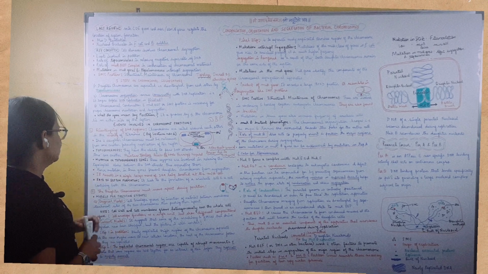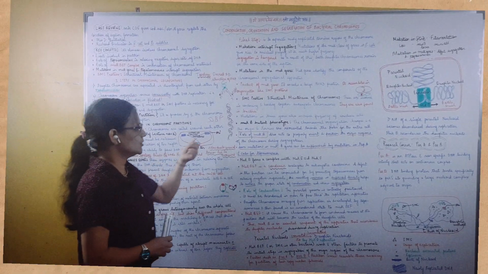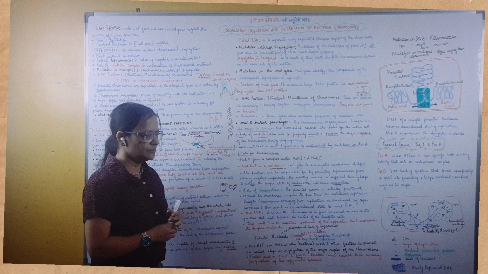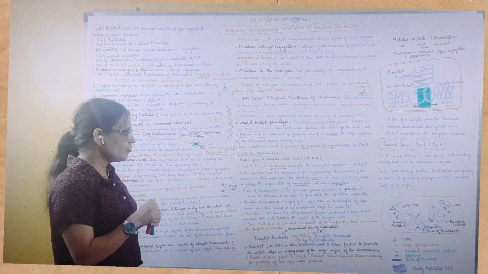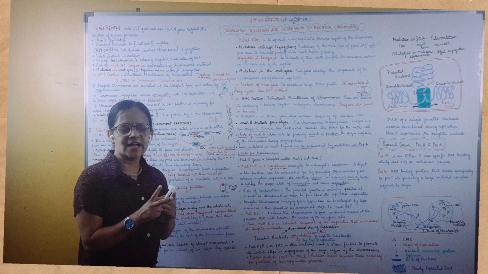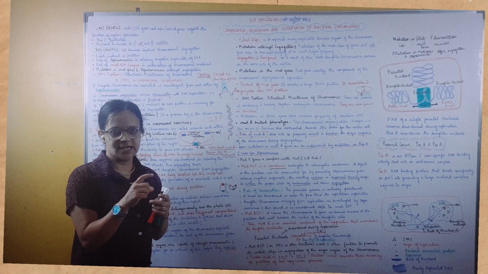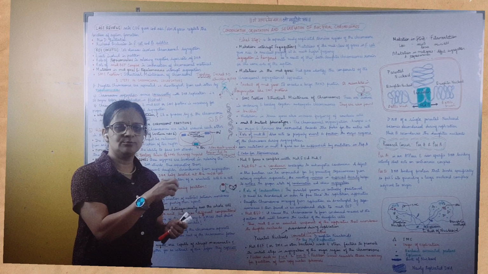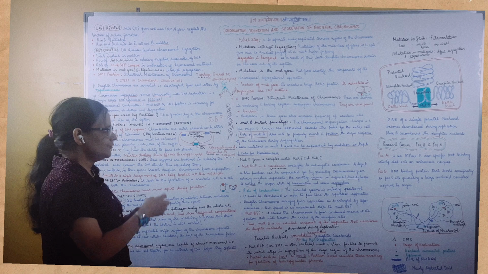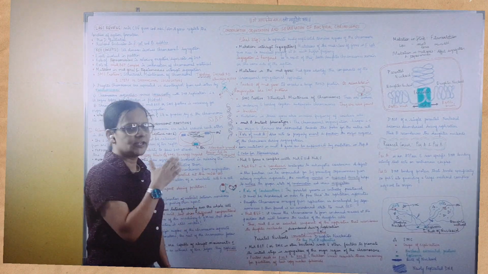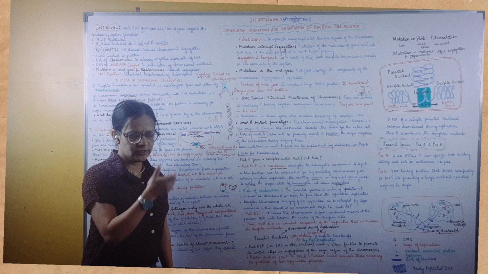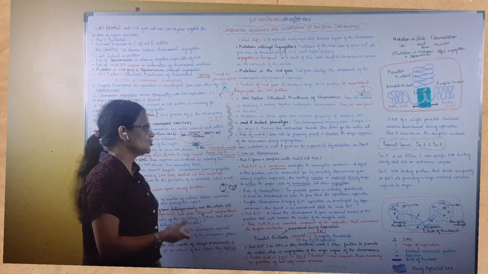Secondly, I told you that topoisomerases will help in winding and unwinding. If there is overwinding of the two DNA strands, it will create a torsion, as I showed earlier with the help of a rubber band. And if there is relaxation due to unwinding, then it will release the torsion and the strain on the two strands.